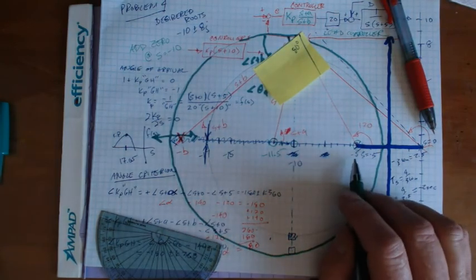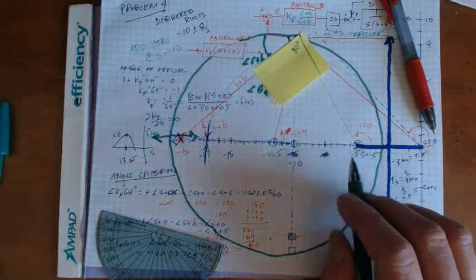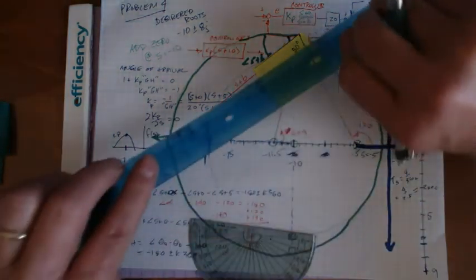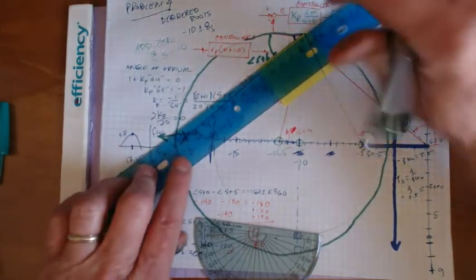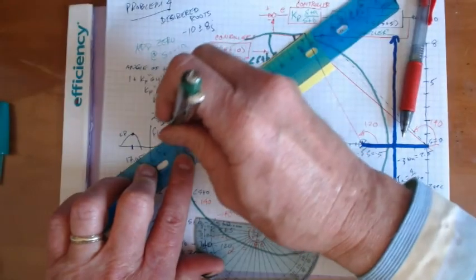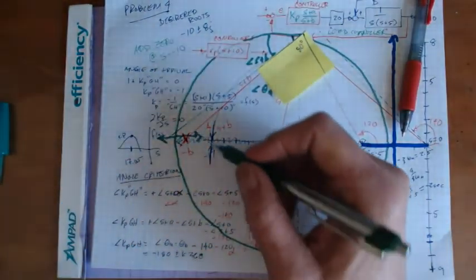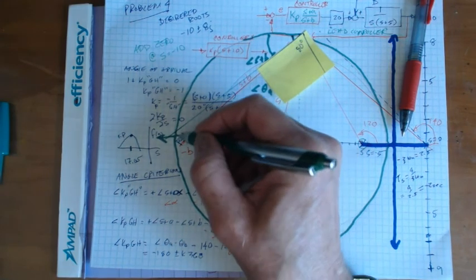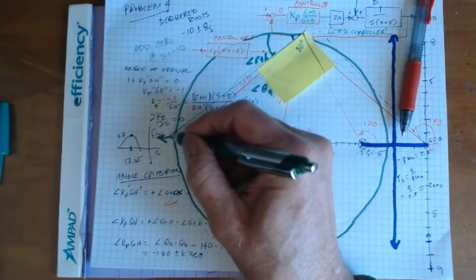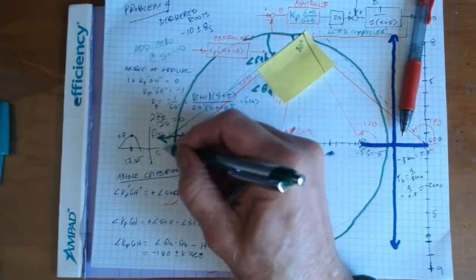Let's put the 0 at S equals 5, and then that makes us have to put the pole at 20.5.